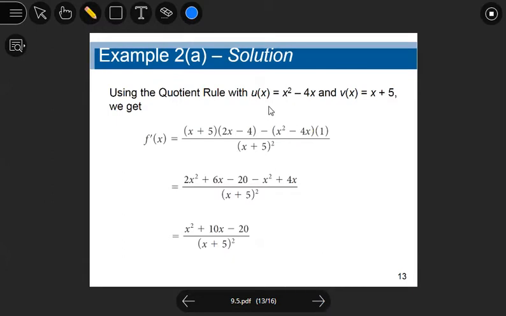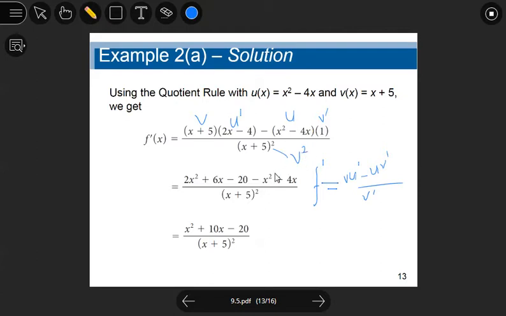So now you can see, first according to our expression, I will write again, f prime is equal to v times u prime minus u times v prime divided by the square of v. So you have to find u prime first. So it is this one, and here it is x plus 5, meaning v, minus the derivative v prime, and this is your u and this is the square of v.